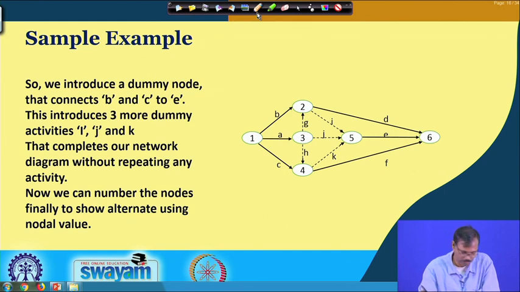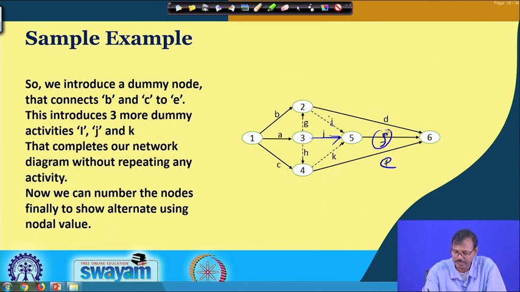actually probably here we made some mistake, this is the F, this is the E. So, in this job the F job is having A also as a predecessor of F because J is the dummy job, I is also the dummy job which shows B is the predecessor of this one, K is also shown here, C is the predecessor of this one.